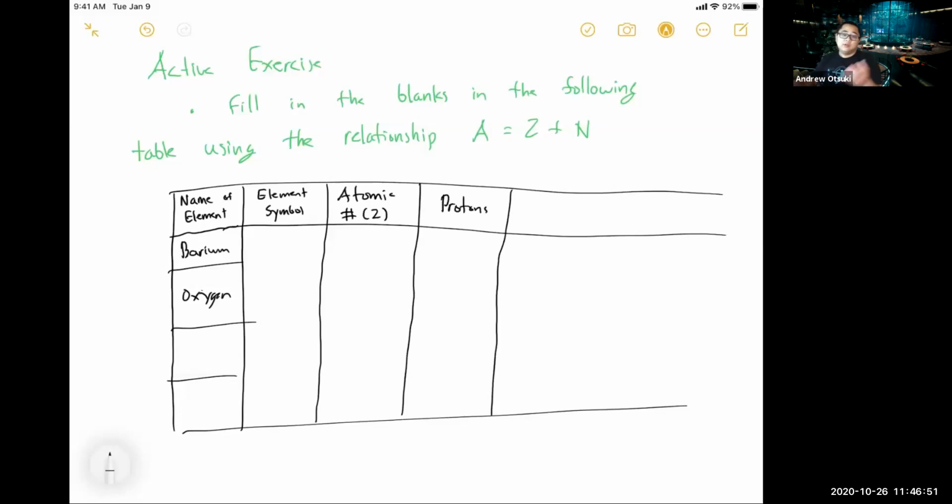This will get you used to naming the elements and all of their information. Protons, neutrons, mass number, or the A value.